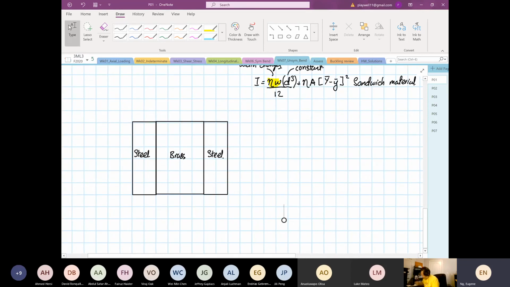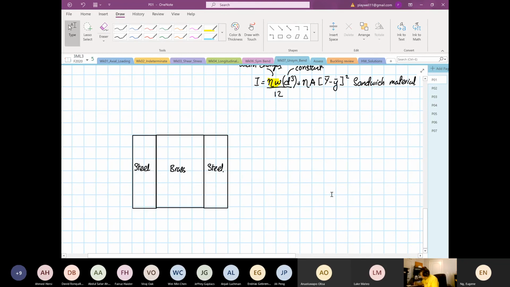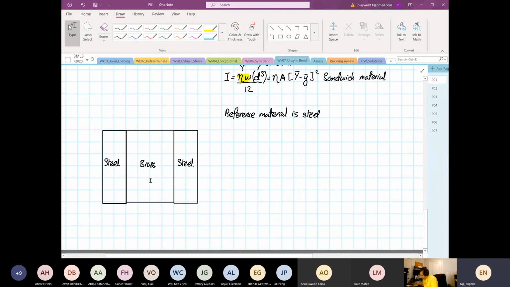Now everything is changed to the reference material, which is steel. So we change everything to steel. Now your structure will look like this.